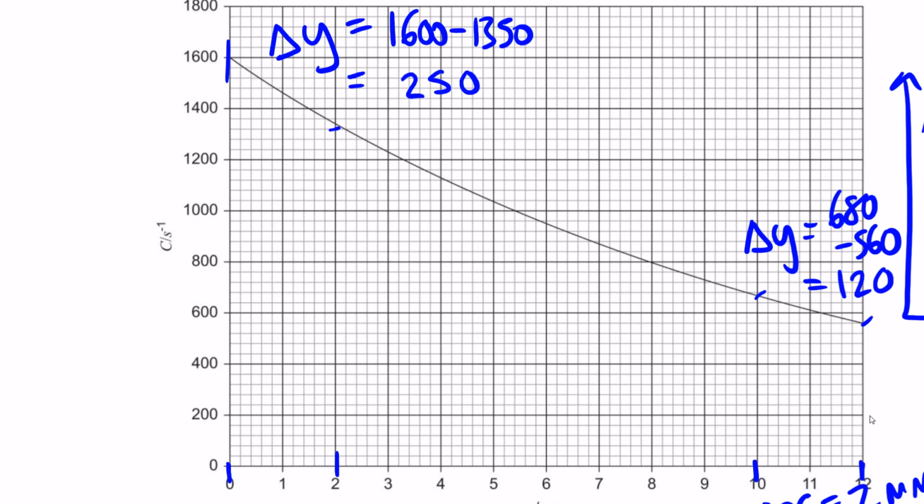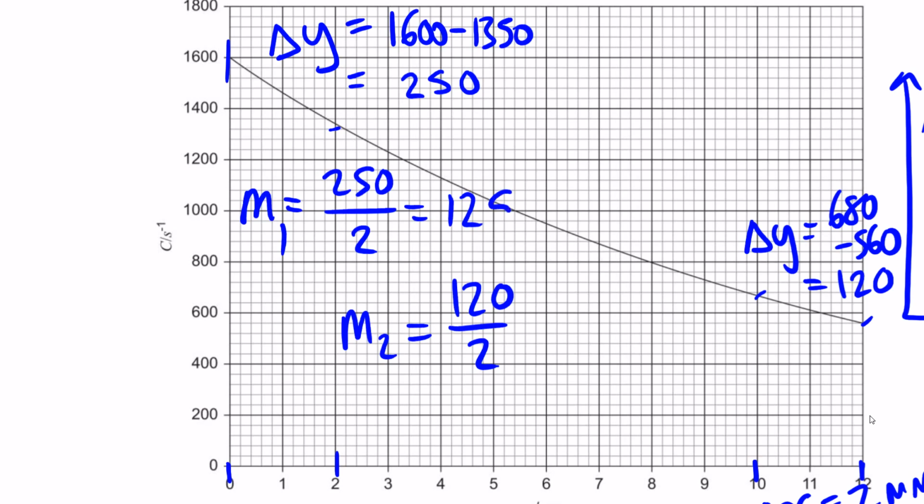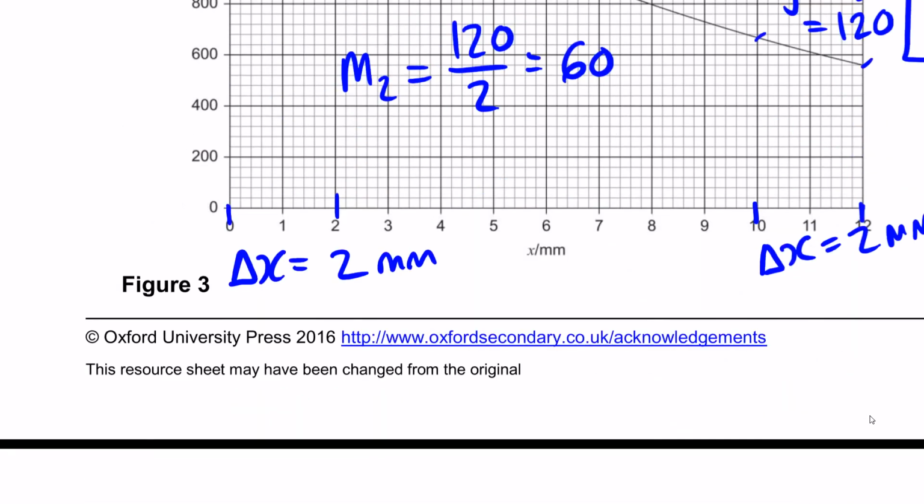So our gradient at this point is going to be 250 over 2, so M1. M2 is going to be 120 over 2, ignoring all other factors. So we're getting 125 and 60.